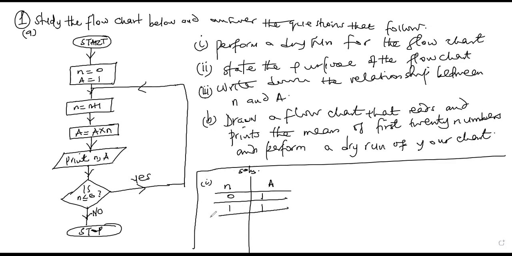You increase n to 2 because you add 1, it will become 2. Then to get a, you get 1 times 2, which will be 2. Increase n to 3. To get a, you get 2 times 3, which will be 6. Increase n to 4. To get a, you get 6 times 4, which is 24. Increase n to 5.